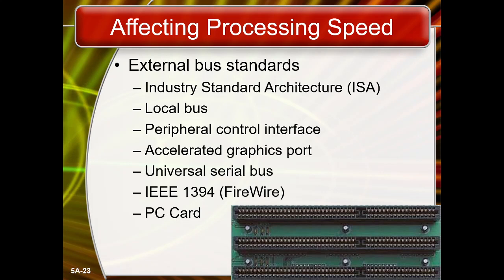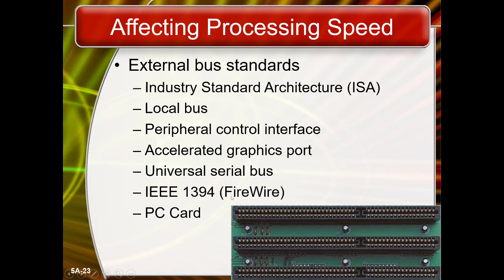And what are external bus standards? One is industry standard architecture, as shown in the picture here, also referred to as the ISA slot. There are local bus, peripheral component interconnect, AGP or accelerated graphics port, and USB.